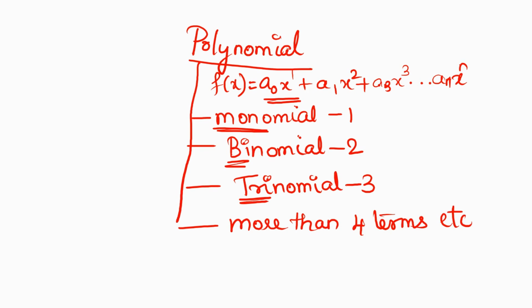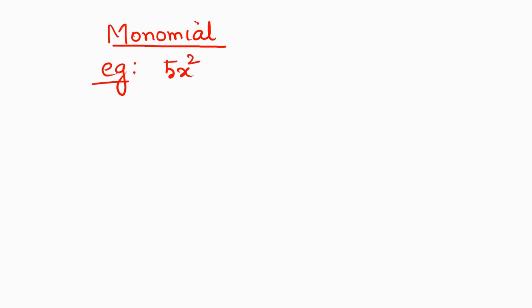So now we will see the factorization for each and every type. First, we will consider examples for monomial. Monomial means it will contain only one term. Example: 5x square. Here 5 is a constant, x square is a variable. This is only one term.